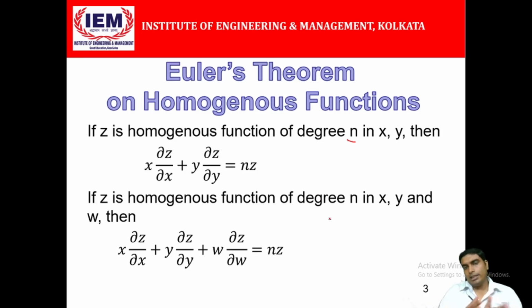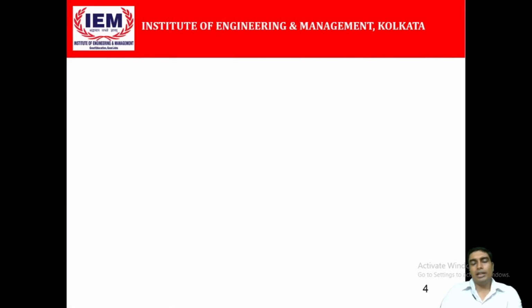Now, if I want to extend this Euler theorem to the second order partial derivative, so here all the partial derivatives involve only the first order derivative, right? Del z del x, del z del y all are first order partial derivatives. Now, in terms of second order, I can write in this way.